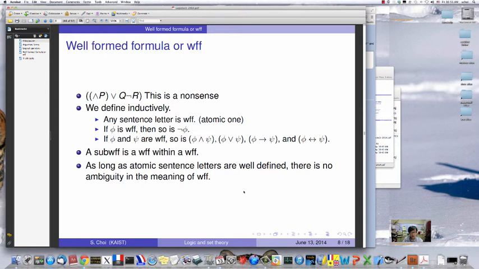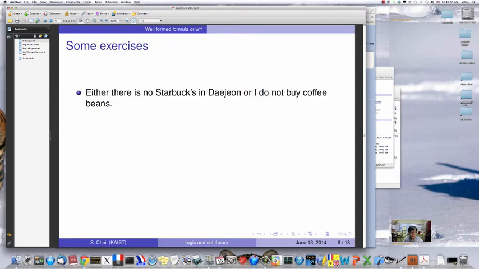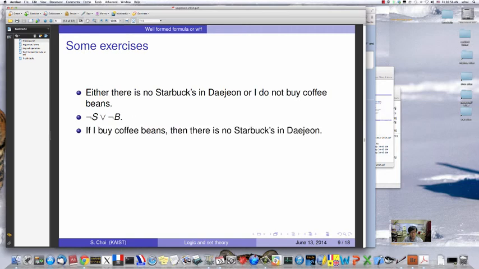So let's go to some examples. Either there is no Starbucks in Daejeon, or I do not buy coffee beans. S means there is a Starbucks in Daejeon, and B means I buy coffee beans. So this means there is no Starbucks, or I do not buy coffee beans. So if I buy coffee beans, then there is no Starbucks in Daejeon.